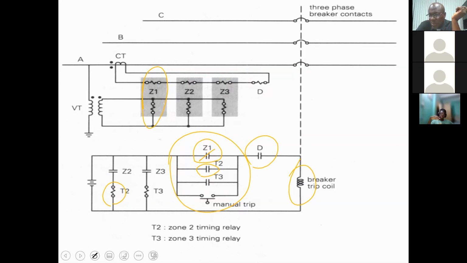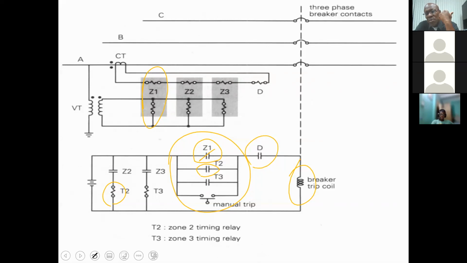Z2 is next to it, and Z3 are further away. So if the closest station gets a call but realizes it's not a zone 1 fault, it doesn't act. If it's a zone 1, it would have instantaneously opened the circuit.